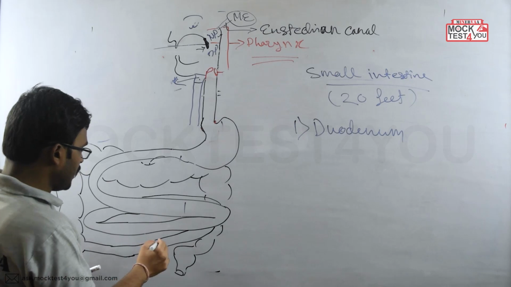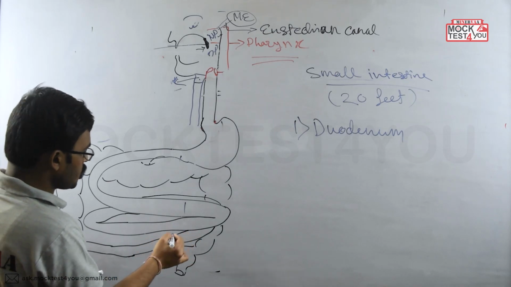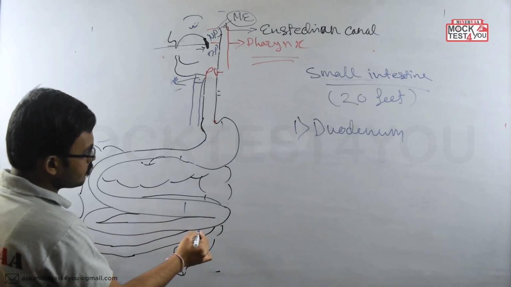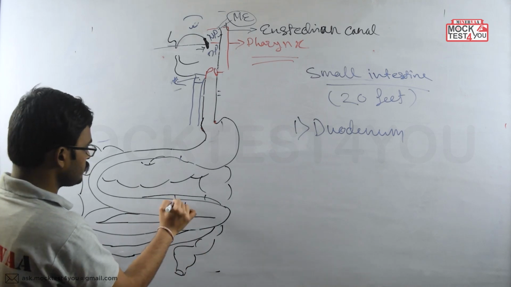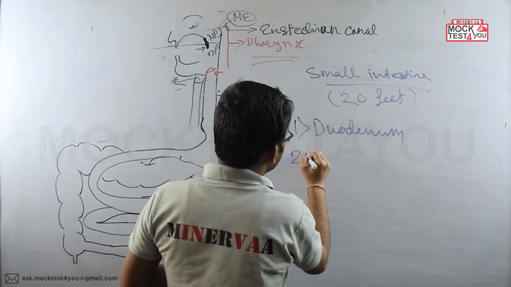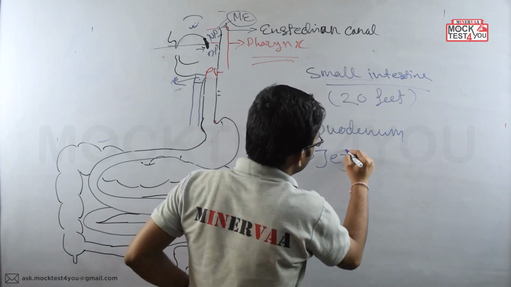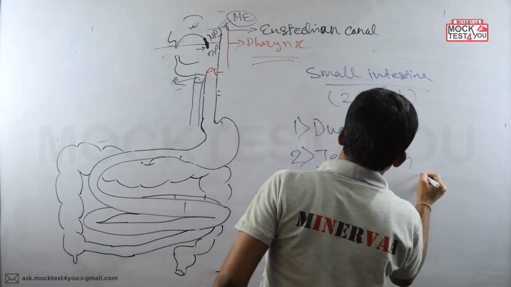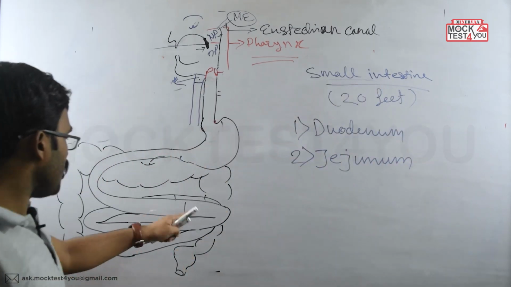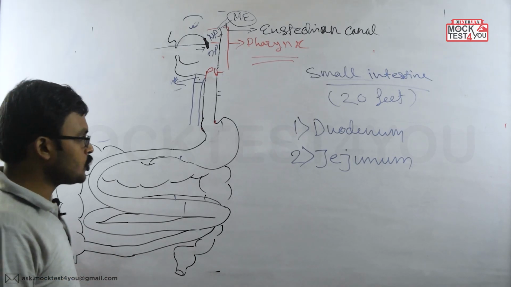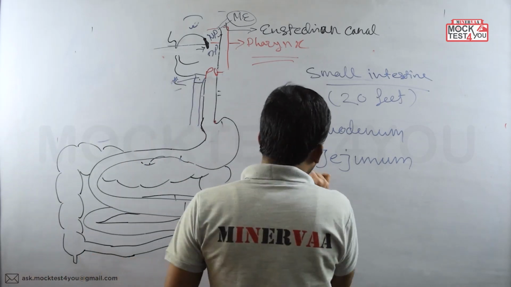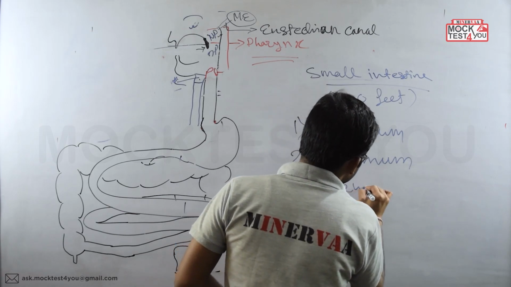After the duodenum, the next portion is called the jejunum. And the last part of the small intestine is called the ileum.